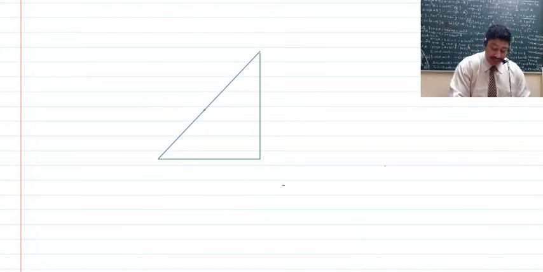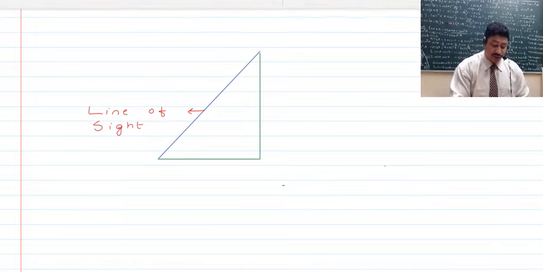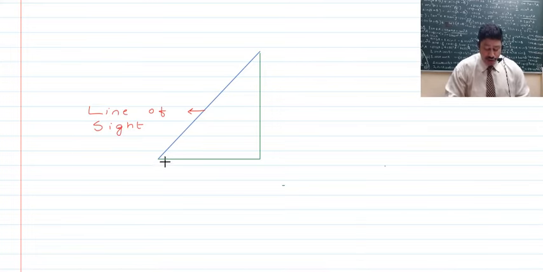So this line is going to be known as the line of sight. Then next we draw a straight line from the eyes of Rohan parallel to the horizontal, as he is already standing on a horizontal road where his height can be considered negligible. So this is something like the horizontal.